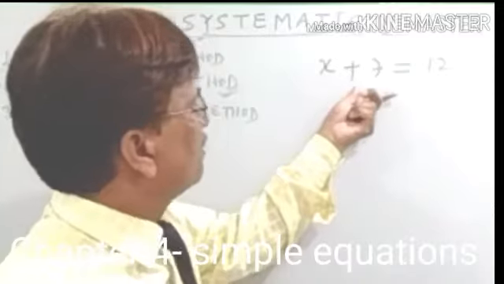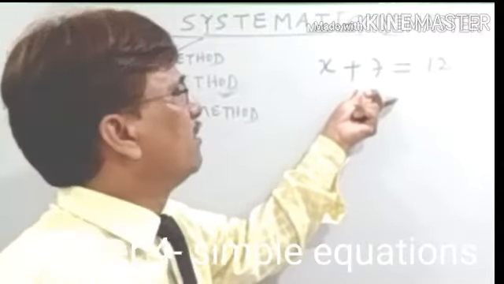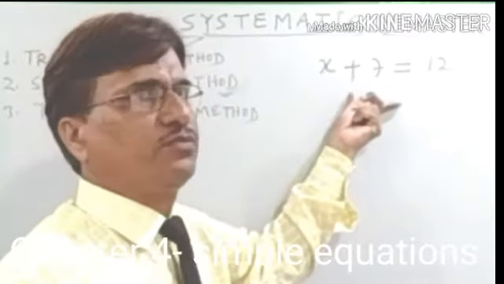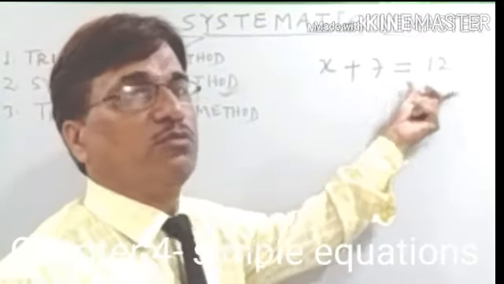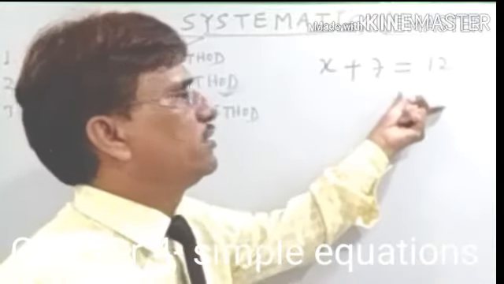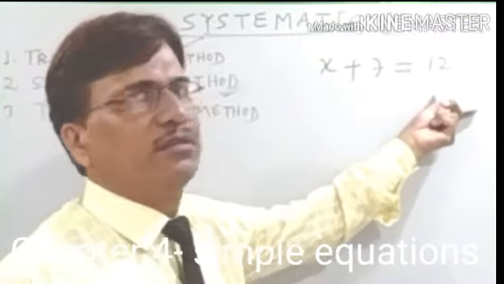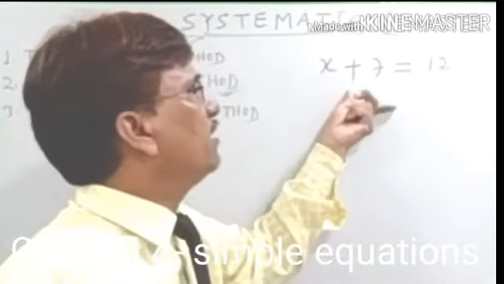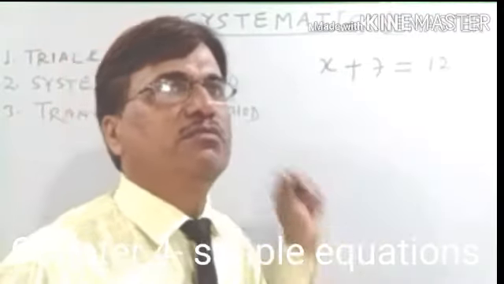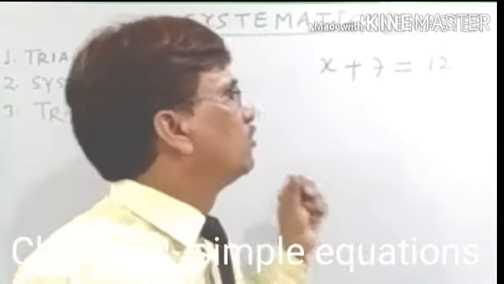We can subtract the same number from both sides. We can add the same number to both sides. We can multiply both sides by the same number. We can divide both sides by the same number.